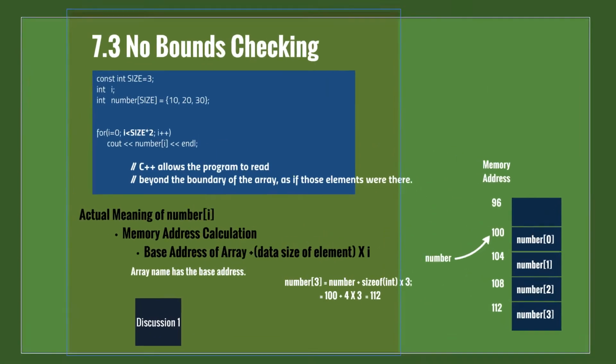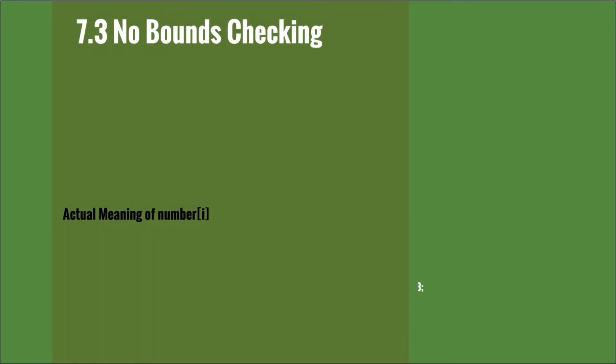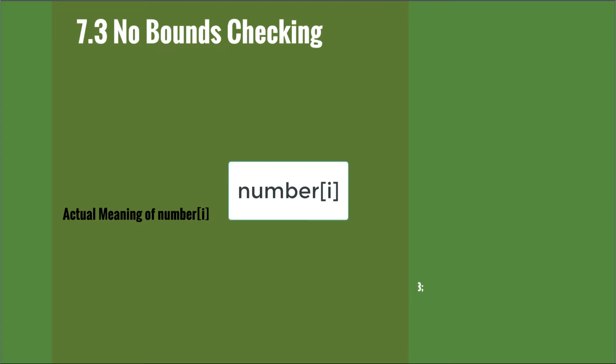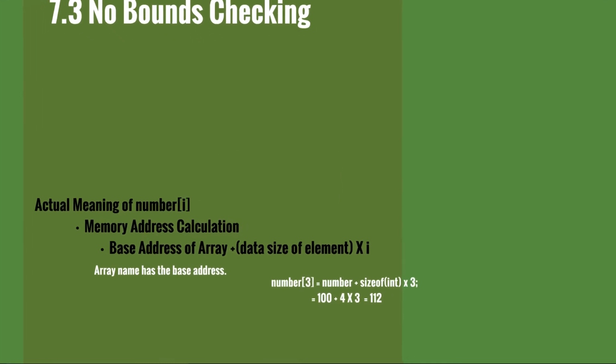Now let's take a look at the concept of bound checking in C++. First, we are going to talk about the concept of index notation. When we use the array name and index, it means a memory address calculation. We can express the memory address calculation as the base address of the array plus the data size of the element multiplied by the index.